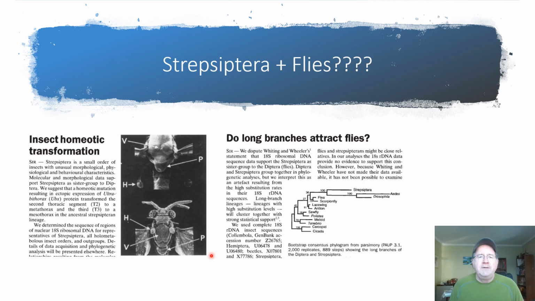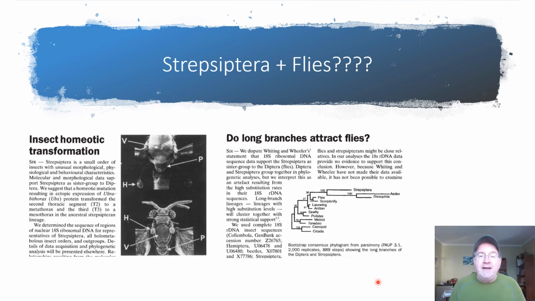Well, that was followed up by an article that said, well, you know, actually, what we have here is an example of long branch attraction, that the Strepsiptera have evolved to be so differently, and their 18S DNA sequence has evolved to be so different from their closest relatives that that branch was attracted, as it were, to another branch farther out in the phylogenetic tree, in this case, the true flies.